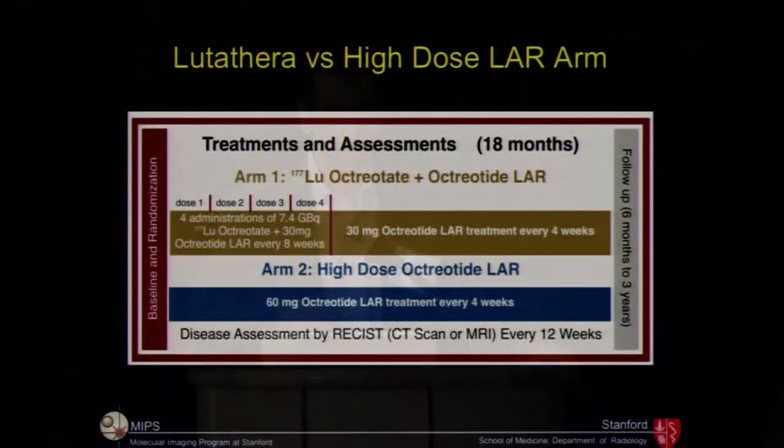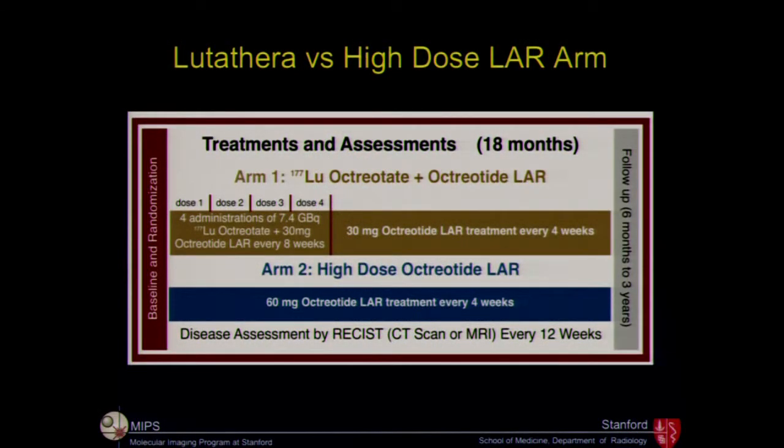So I mentioned that there are two arms to this study, and this graphic summarizes that. Arm 1 is shown at the top and arm 2 at the bottom. This is not meant to signify that arm 1 is more important in any way than arm 2. They're both very important pieces of information that this clinical trial is trying to assess.